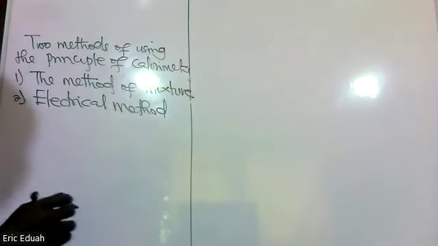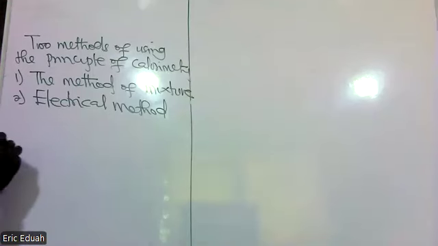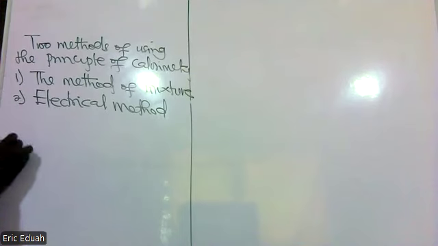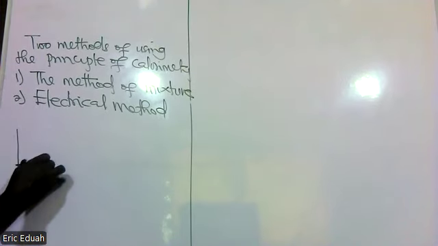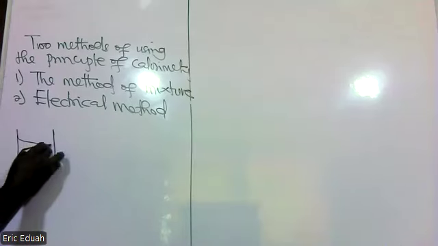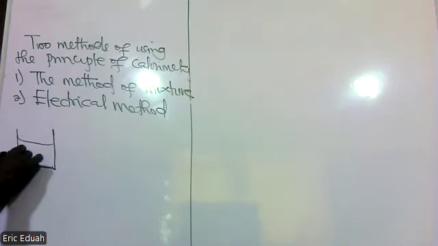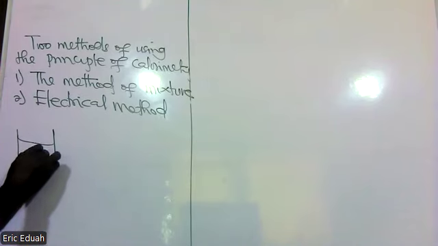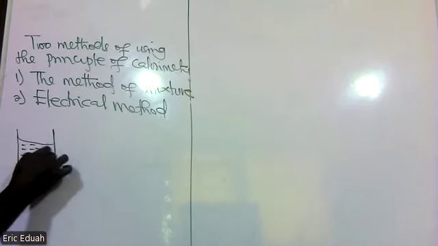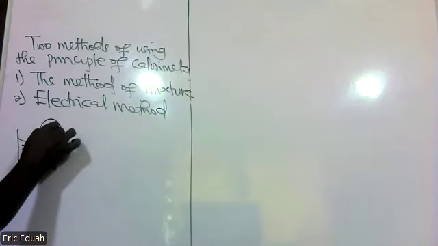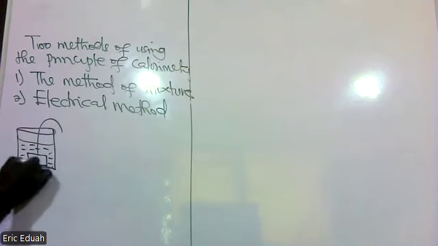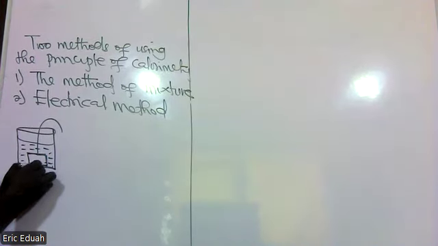Now, in the method of mixture, maybe you want to determine the specific heat capacity of liquids. So what we do is that a metal is heated to a particular temperature. Let's take this to be the metal that is being heated. This is a thread connecting to the metal, so that if we are ready to transfer, we do so.